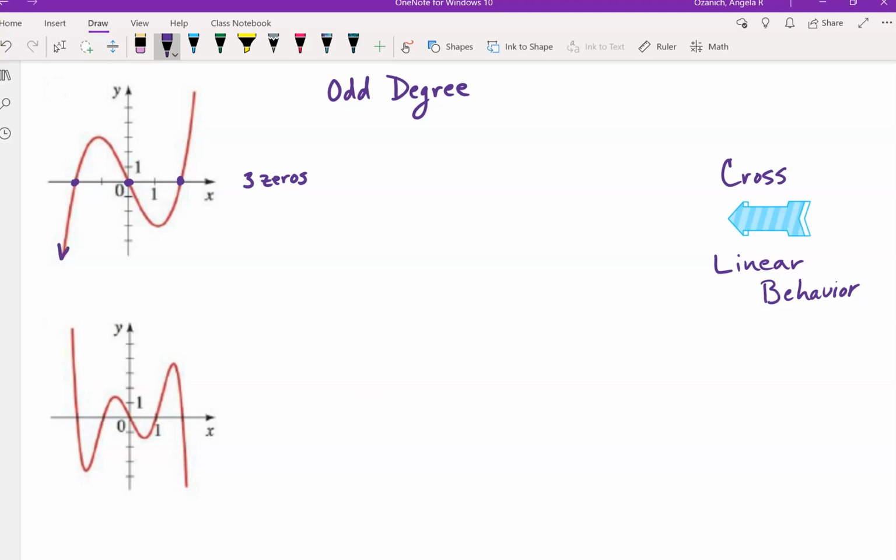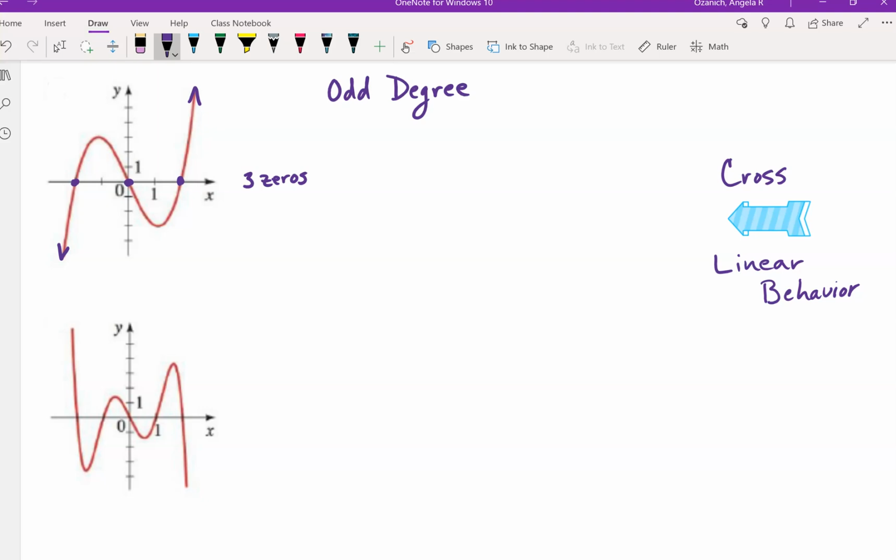Another reason I know it is an odd degree polynomial function is because it is dropping to the left and rising to the right, and it's not a both open up or both open down situation.